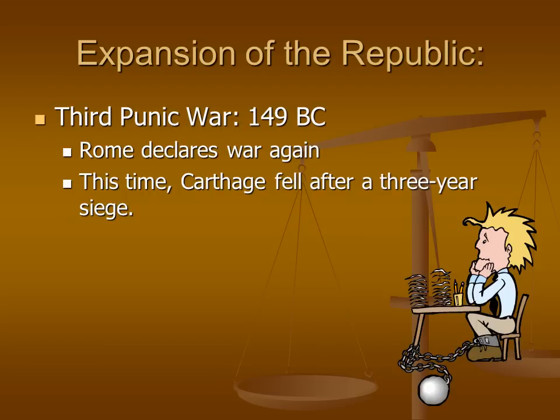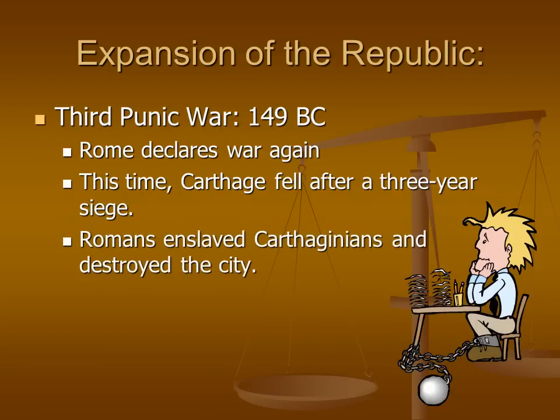Rome attacks Carthage. 3 years after they start the siege, the city falls, and the Romans don't want Carthage to continue. They view it as a threat as long as it exists. And so they enslave the remaining Carthaginians and they completely destroy the city. The Romans actually went so far as to pour salt over all of the earth in Carthage so that nothing would ever grow there again.